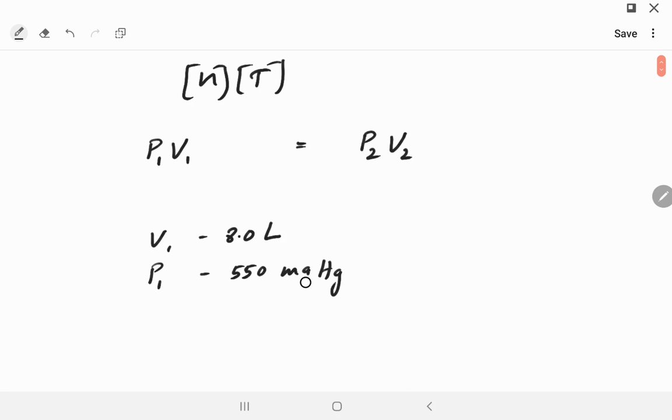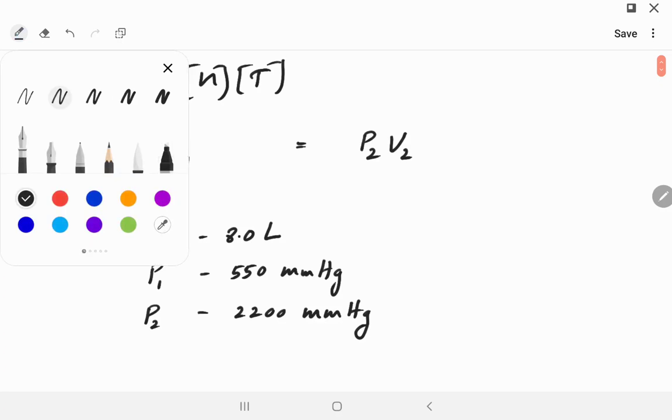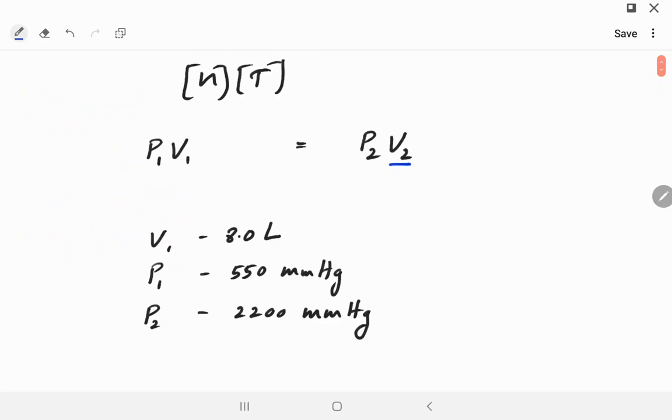And also P2 is given, which is 2200 millimeters of mercury. So you have to figure out the unknown term, which is V2. This is what you need to figure out.